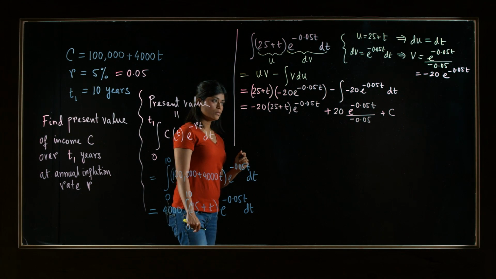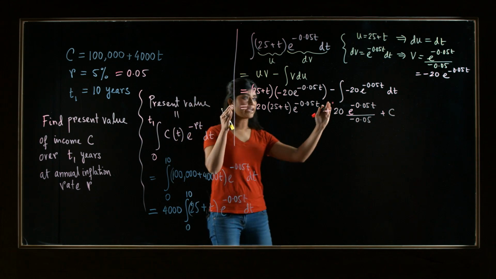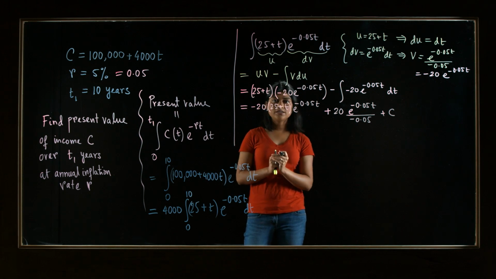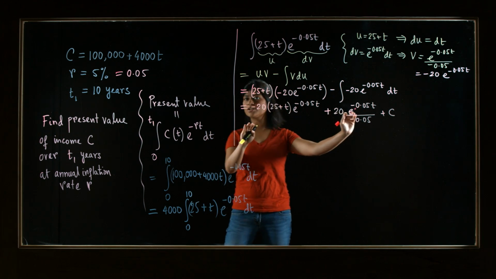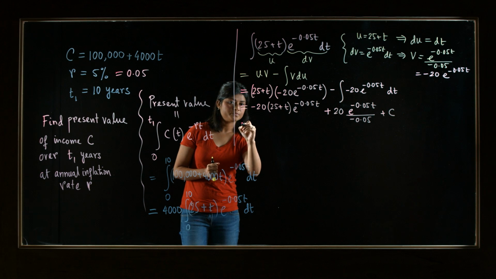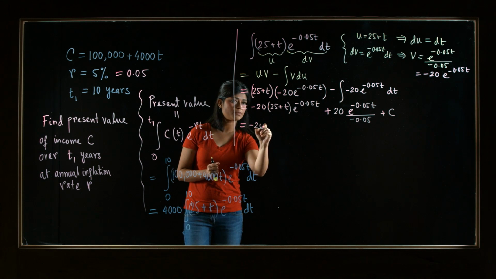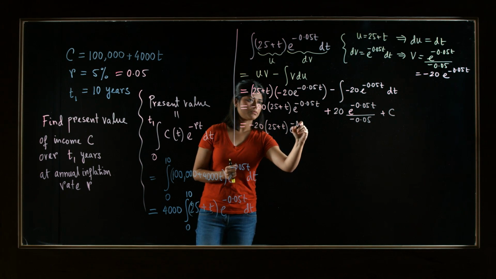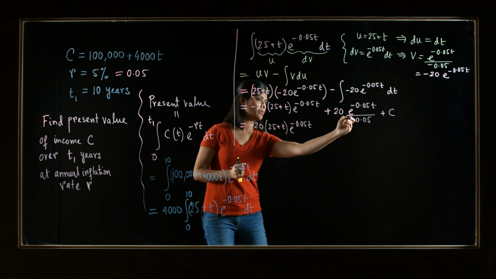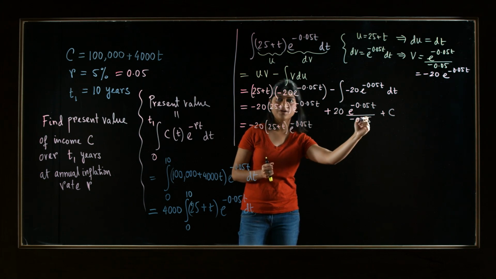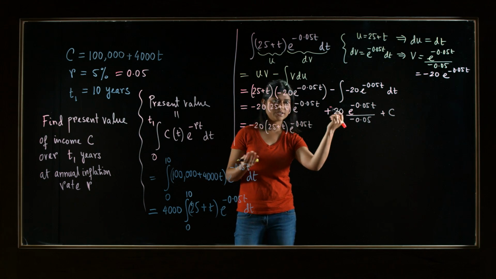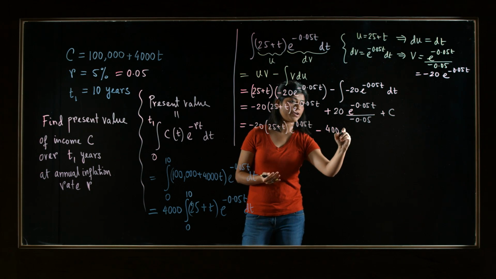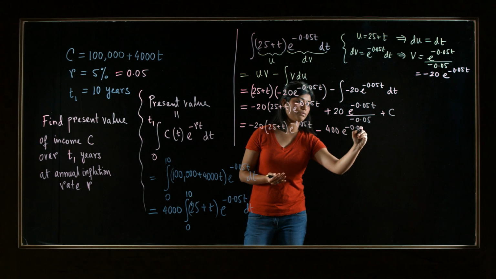All right. So this is our antiderivative and we have to plug in 0 and 10 to get our present value. But let's try to simplify this expression a little bit more. Okay, so let's keep the first term as it is. And then in the second term, again we have a 1 over 0.05, which is 20, times 20 is 400, and there is a negative sign. So this will be -400 e to the -0.05 t.